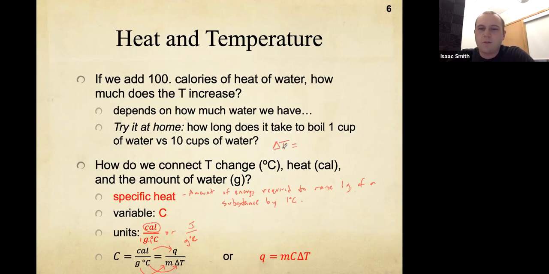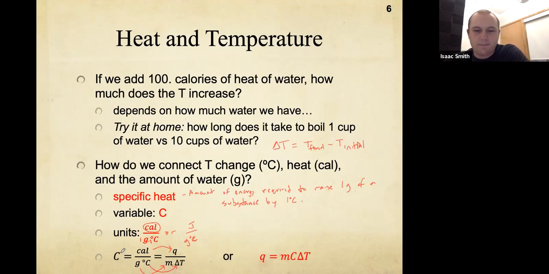And how you calculate delta T is you take the final temperature minus the initial temperature. That's true for any delta. If it's delta grams, it's going to be the final grams minus the initial grams. But usually we just see it with delta T, and it's the final temperature minus the initial temperature.